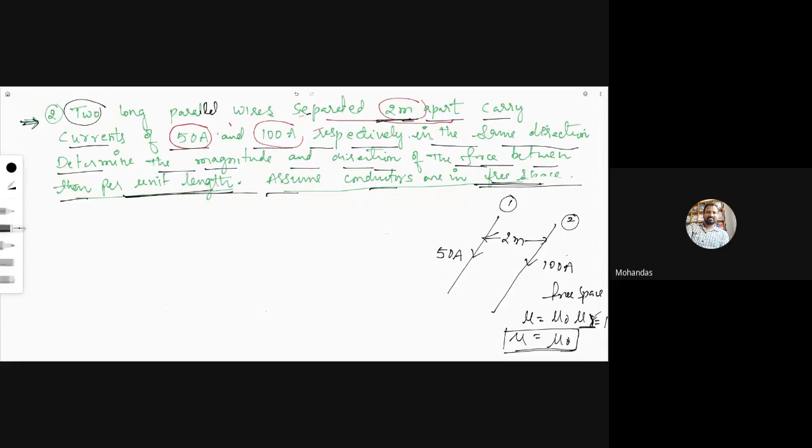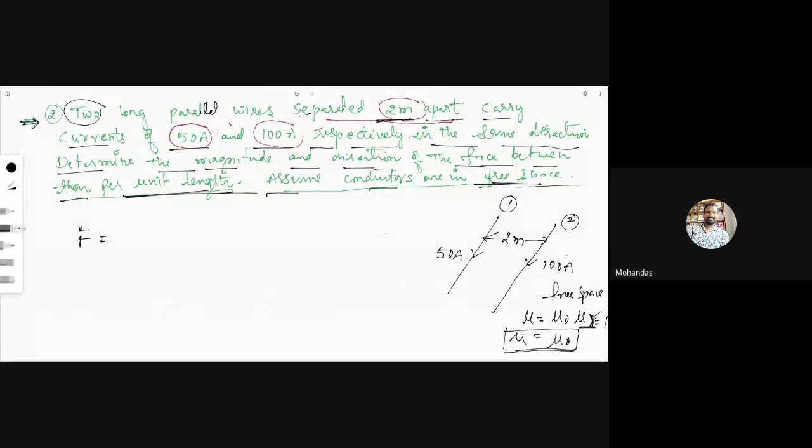Can anybody tell me the formula for the magnitude?